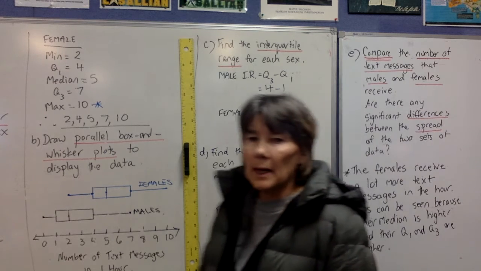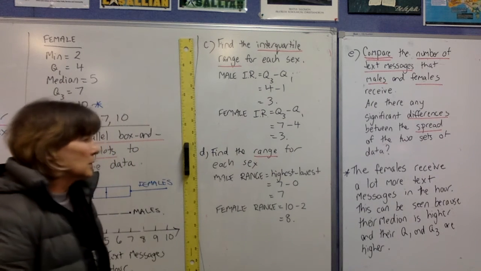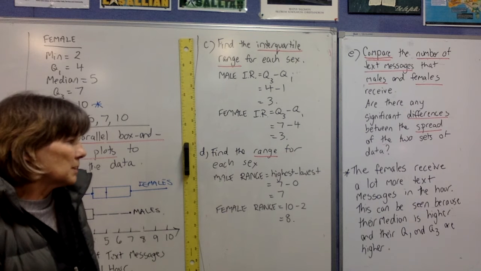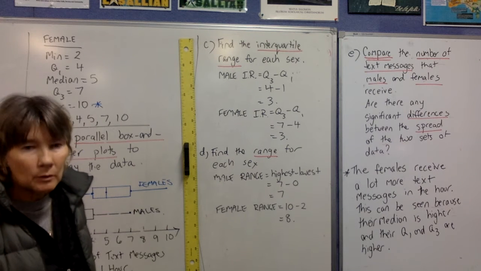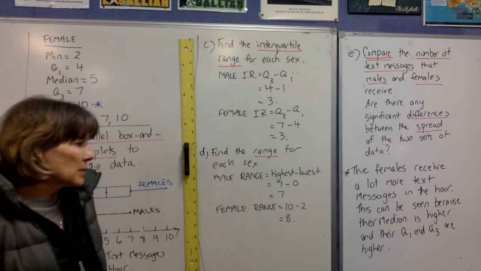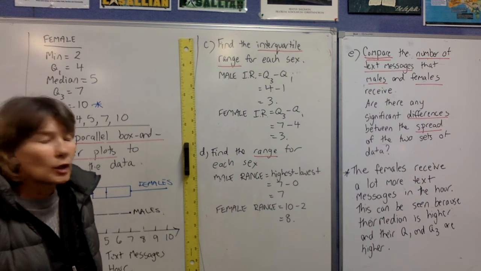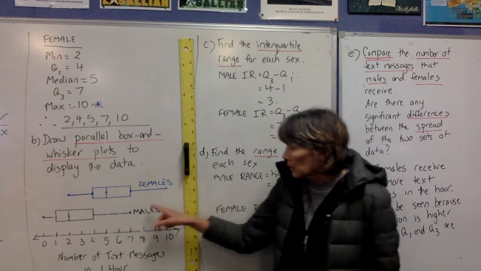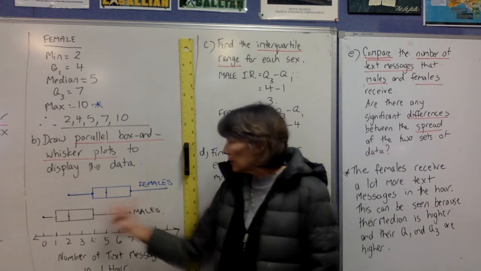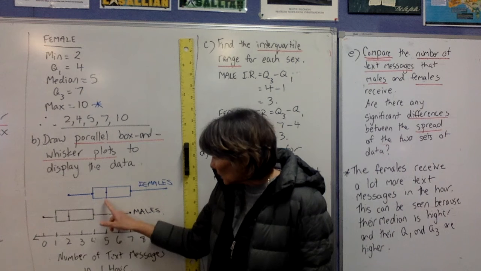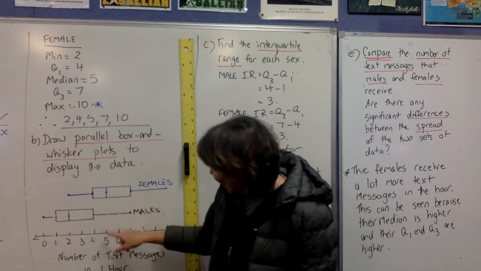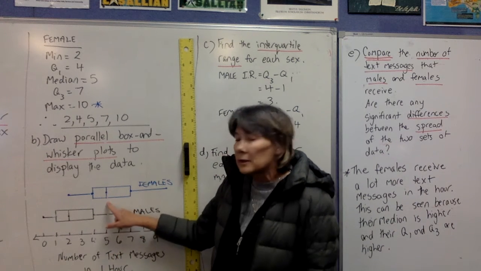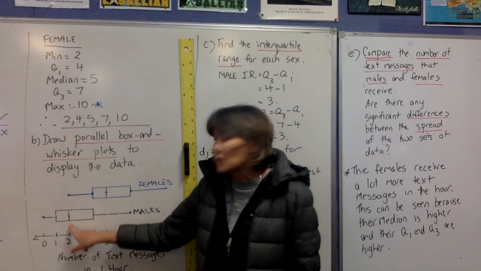Okay, so what we're saying here is the females receive a lot more text messages in the hour than the males. This can be seen because their median is higher and their Q1 and Q3 are higher. So if you have a look back at the box plot, you'll see what I'm talking about. This is a higher median, it's further up this way. The median here was 5, should be lined up with that 5. So the median was 5 here, and the median was 2 for the males.